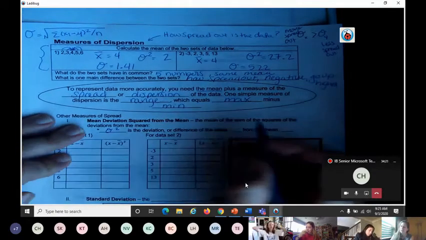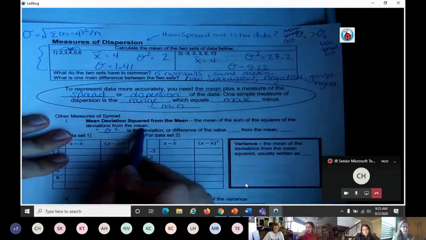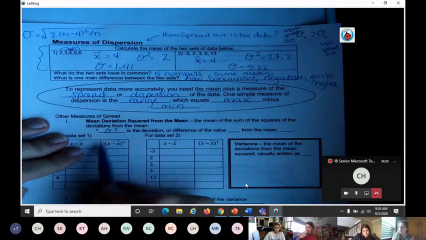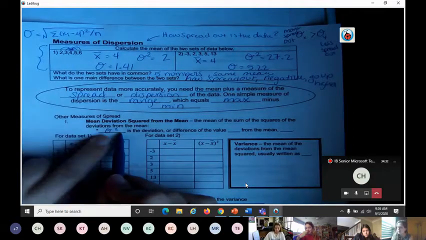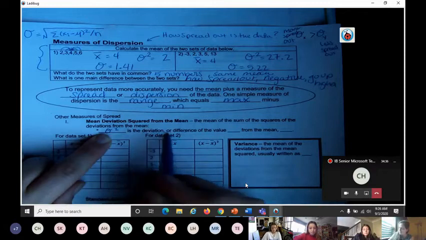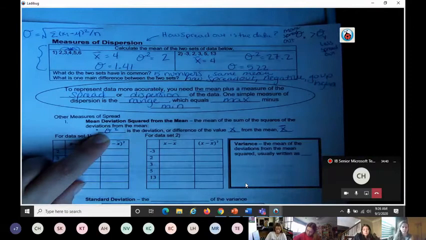Okay. So the mean of the sum of the squares of the deviations from the mean is what this is talking about. So we have the variance. It's called the deviation, or the difference of the values of x from the mean. Okay, which is that guy.